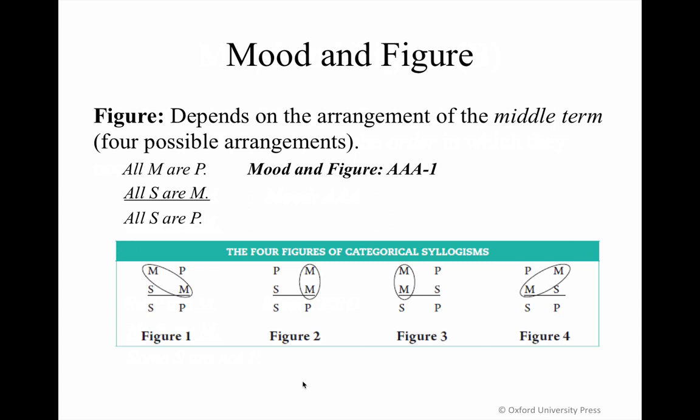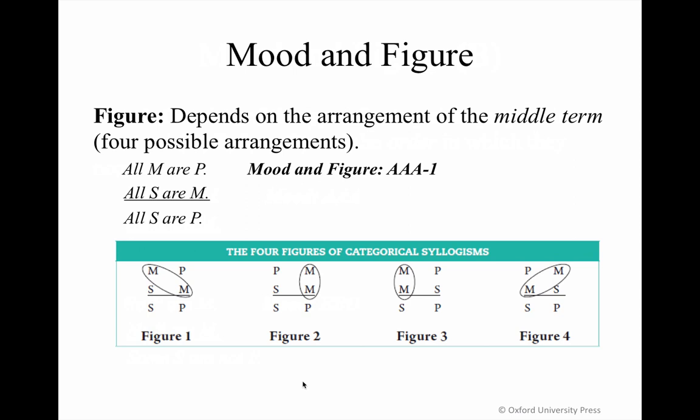Notice too that the letters S and P always reflect the minor and major terms. So the minor term is the subject of the conclusion. Notice that in figure 1 and 2, the minor term is also in the subject position of the minor premise.